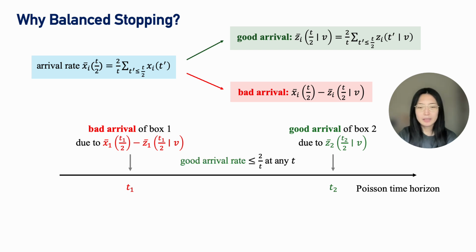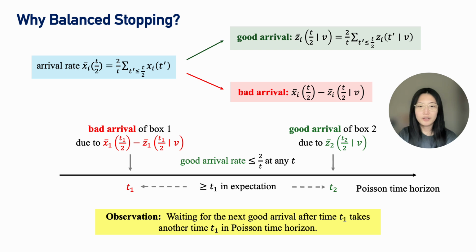And for any time t between these two arrivals, the good arrival rate is at most 2 over t by the definition. And further by the definition of the Poisson process, the expected waiting time from t1 to the next good arrival is at least t1.